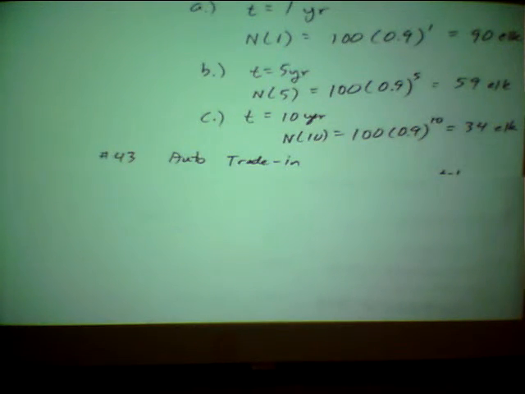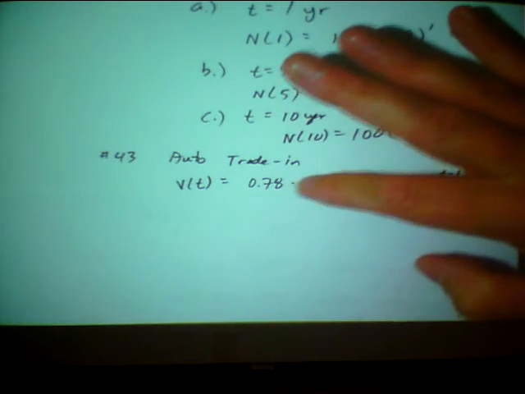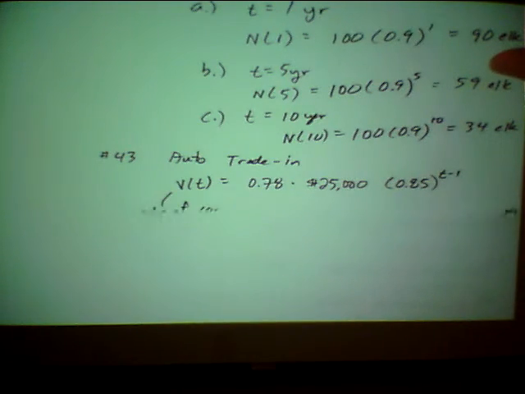In other words, and everybody understands this, you buy a car, the original cost of the car is $25,000, and then you're going to figure out how much the car is worth after a certain amount of time. In this case, after 1 year, 4 years, and 7 years. They have an equation that's going to estimate how much the car is worth. And here's the equation. V of t, V is the value of the car.